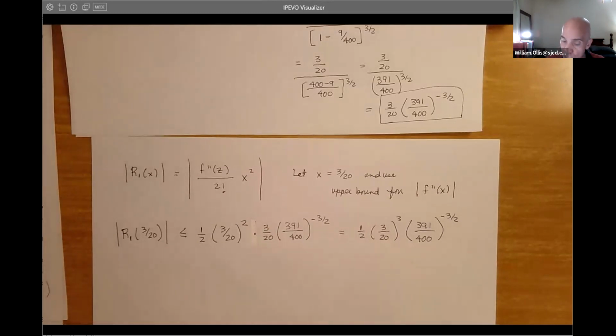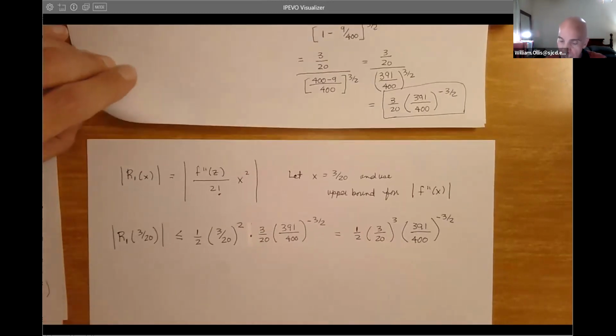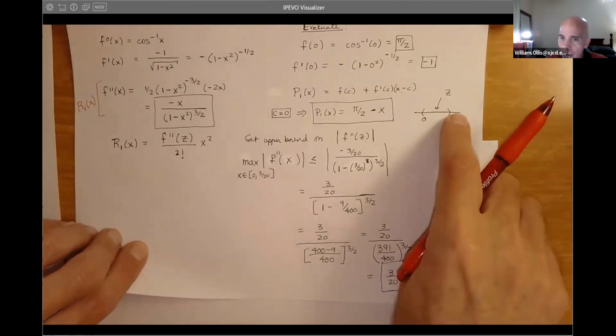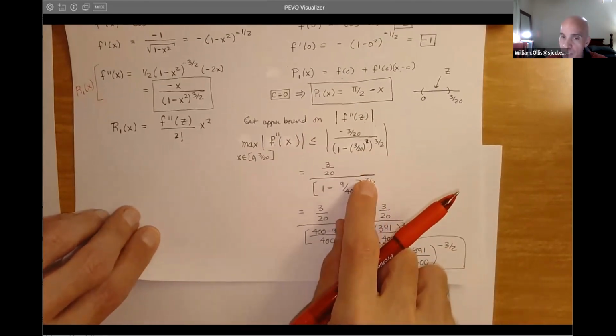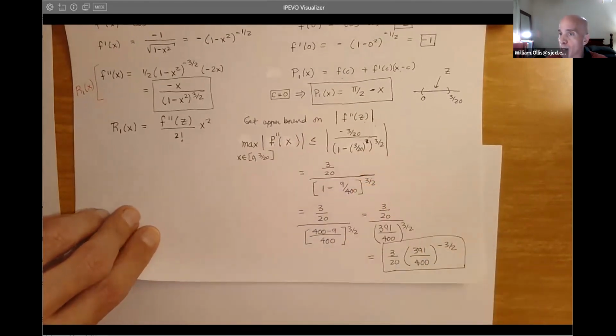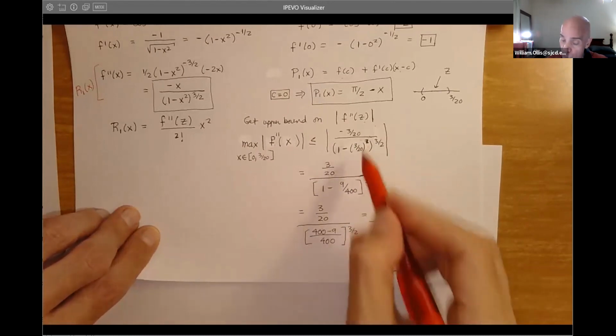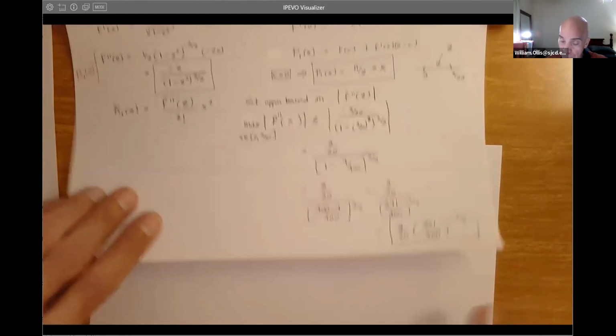It's easy to do piece by piece, but again, let me reiterate, we can't get our hands on Z. We know where it lives, so we just want an upper bound for the derivative using a more common sense approach. How do you maximize a fraction? Make the numerator as large as you can, make the denominator as small as you can, if indeed you can do that for that particular interval, which we did right here to get this number.